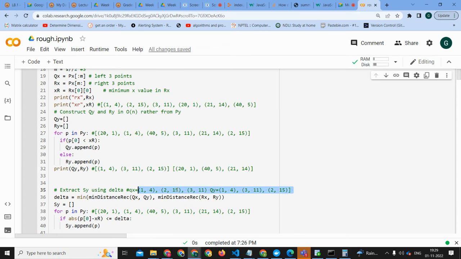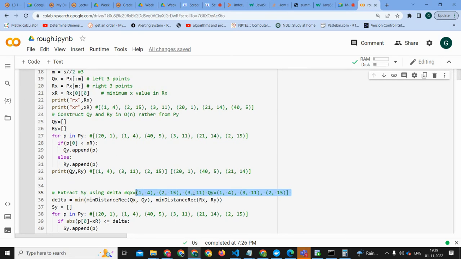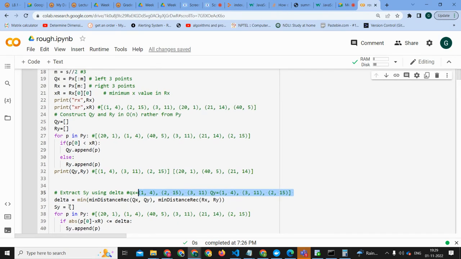Now this is 3 points, right? I told this that day itself, that they are going to compute it recursively, but that time was not appropriate. Now see, we are calling the minimum distance recursively for QX and QY.